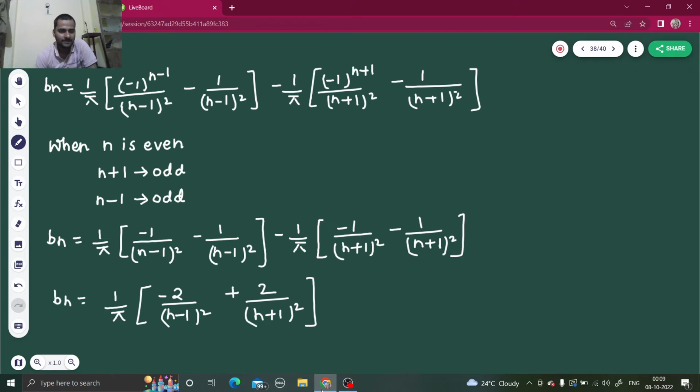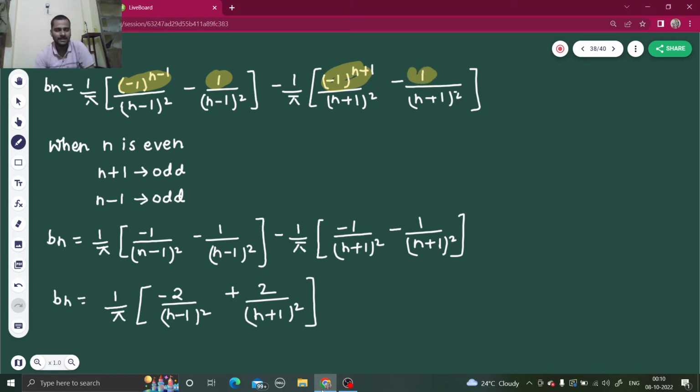So minus 1 power even will be 1 only, and 1 minus 1 will be 0, this one minus this one, because the denominator is same. Same here, because n is odd, n plus 1 will be even, so minus 1 power even will again give you 1, and 1 minus 1 because the denominator is same again gives 0.